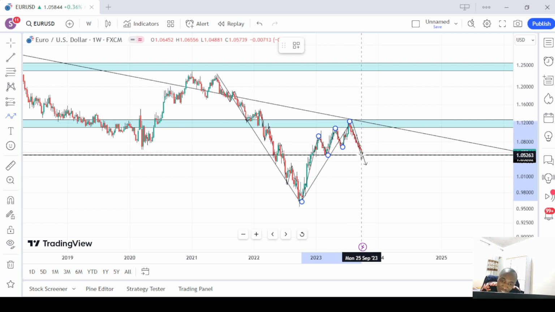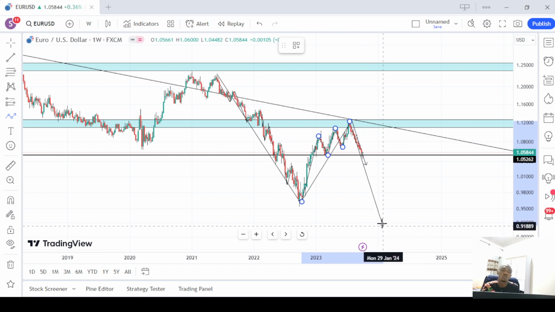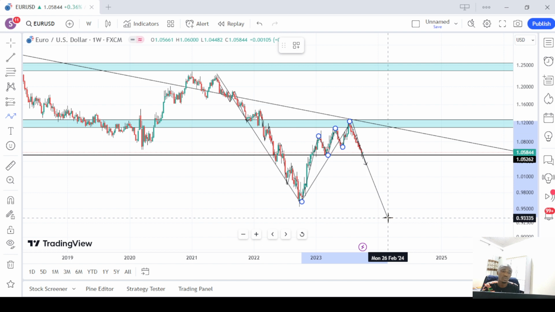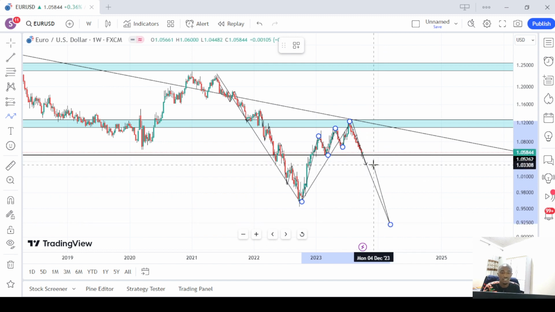So this move here broke this low. Usually once it breaks the low, it will go back. We'll use our pips and get a reversal point where it will retest, then it continues down. That's why my overall trend for EUR/USD is still a bearish trend.